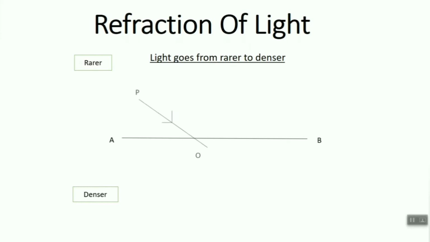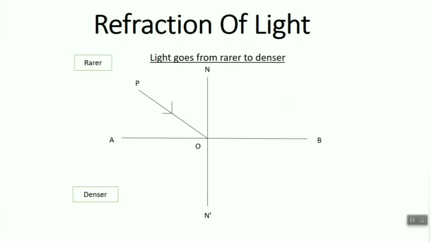Clear? So suppose there is a light that falls, that is PO. You must keep in mind that the light which falls is called incident ray, and we must show this arrow sign, that means which direction the light is falling. Clear? And then if I draw a perpendicular to this line, what will happen?